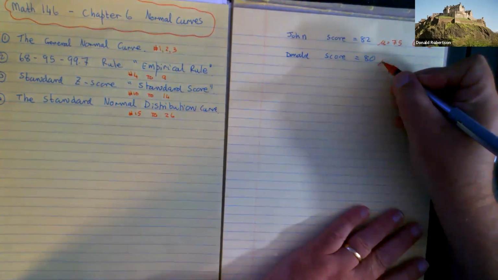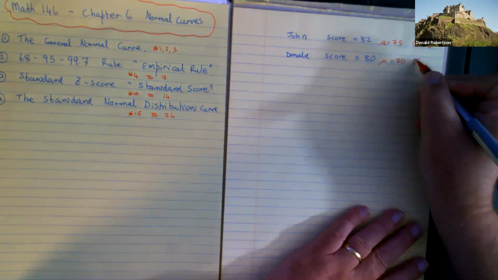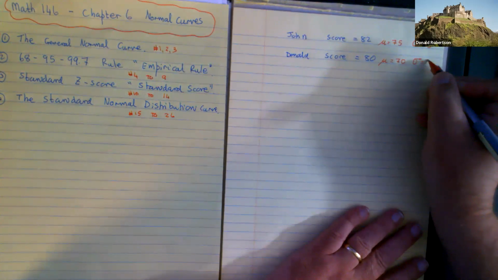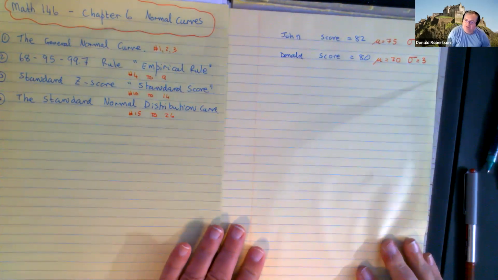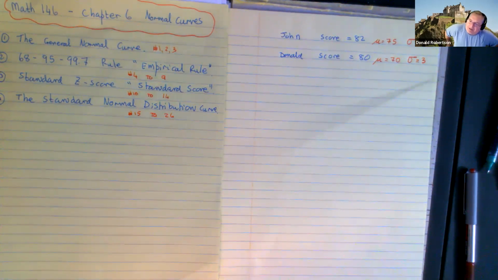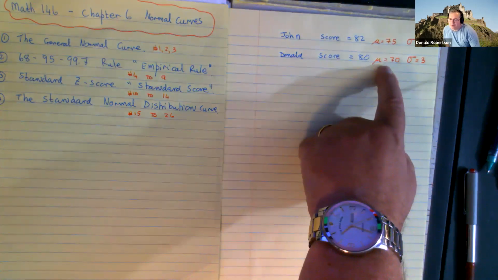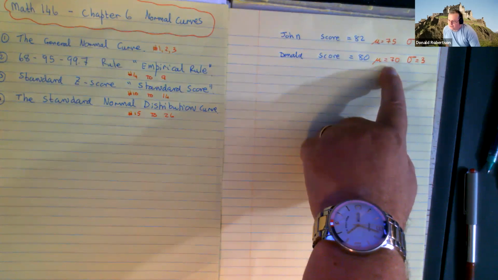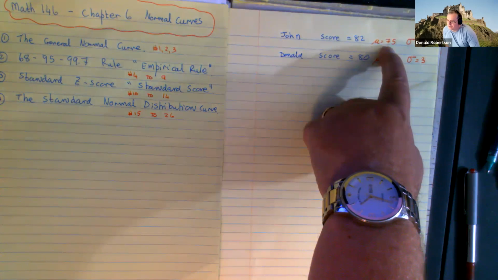And in my class, the mean was 70 and the standard deviation was 3. And now I'm going to argue that I did better than my brother John. How did I do better? Well, in our class, it was a harder test, right? The average in our class was 70. You got the easy test, right? In your class, the average was 75.